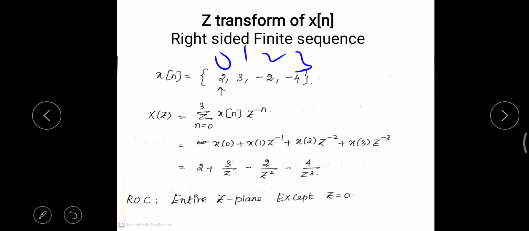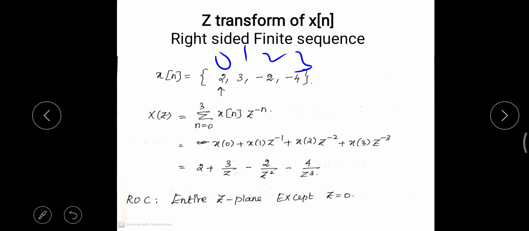From the given x of n, I can write x of 0 is equal to 2, x of 1 is equal to 3, x of 2 is equal to minus 2, x of 3 is equal to minus 4. After substituting these values, I am getting x of z is equal to 2 plus 3 by z minus 2 by z square minus 4 by z cube.